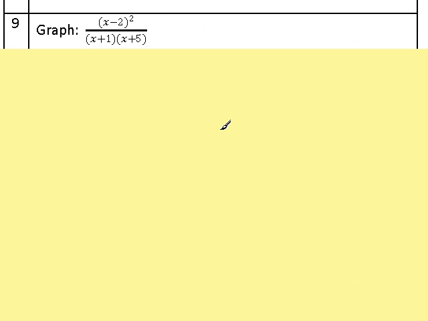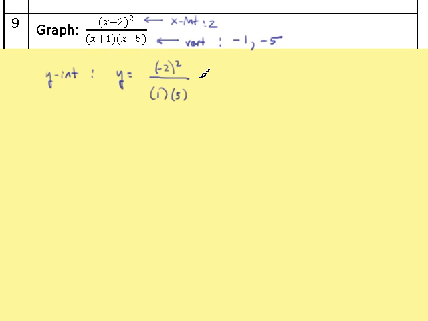Okay, let's look at number 9. X-intercept 2. Vertical asymptotes -1, -5. Y-intercept. Let's put x equals 0, and here we'll have a -2 squared, 1, 5, and so that will be 4/5 for the y-intercept.